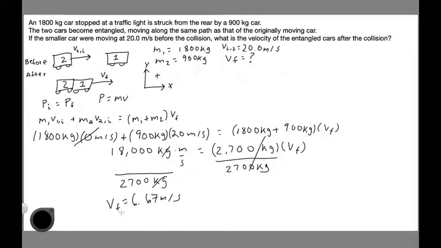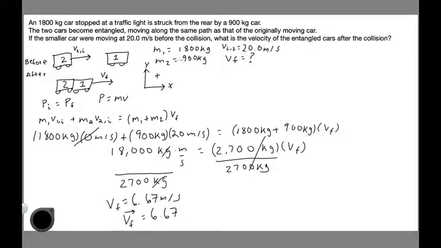To find the actual velocity, because velocity has both a magnitude and a direction, we want to add in our direction.